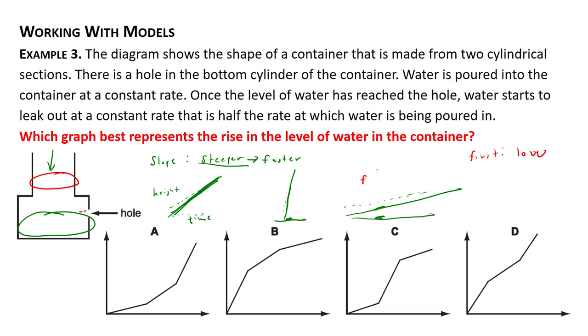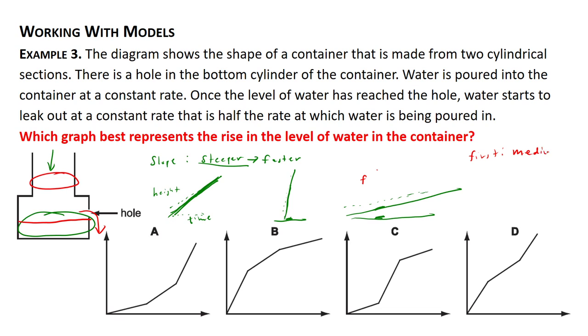But as you fill the tank, once it reaches this level, water will leak out. So that means our slope will be even lower. So maybe the first part, instead of saying it has a low slope, we can call it a medium slope.